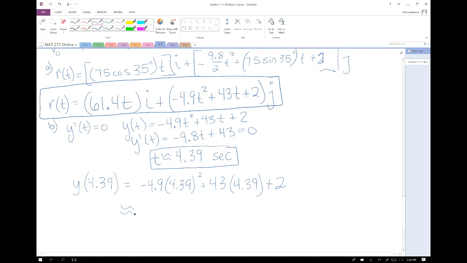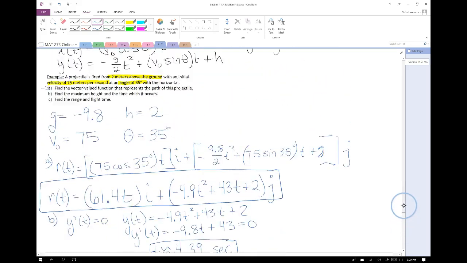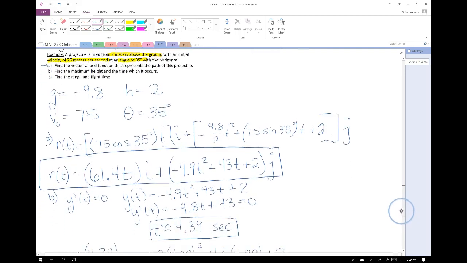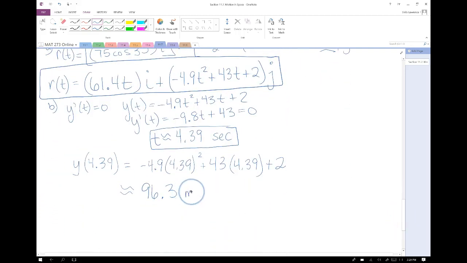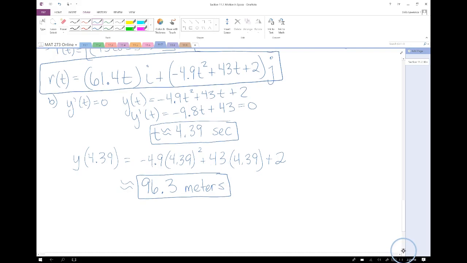And we will get a maximum height of about 96.3. And remember, the units we were using in this problem were meters. So this is 96.3 meters. That is the vertex of the parabola that we see when we graph the curve for this vector valued function.